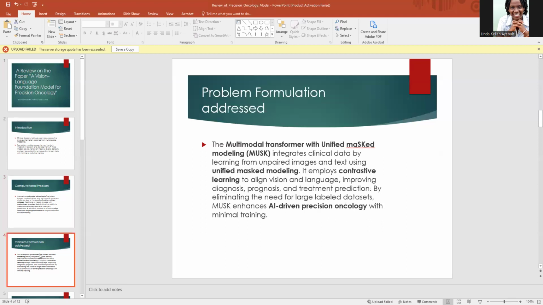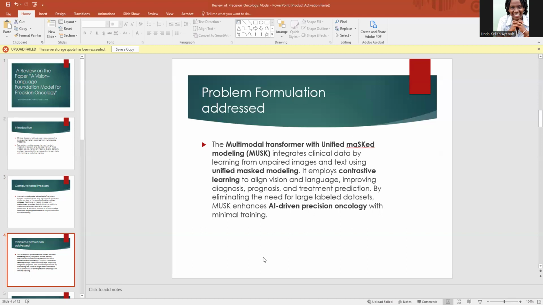And that's where the multimodal transformer with unified masked modeling, called MASK, comes in. MASK integrates clinical data by learning from unpaired images and text using unified masked modeling. It also employs contrastive learning to align vision and language, so that it improves diagnosis, prognosis, and treatment prediction.